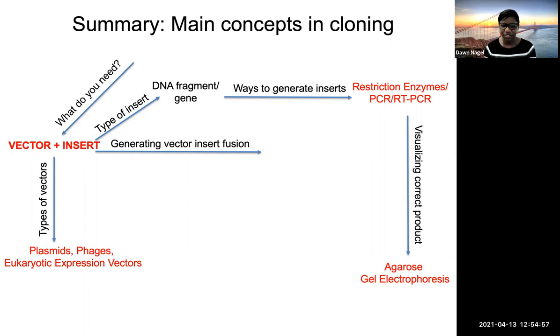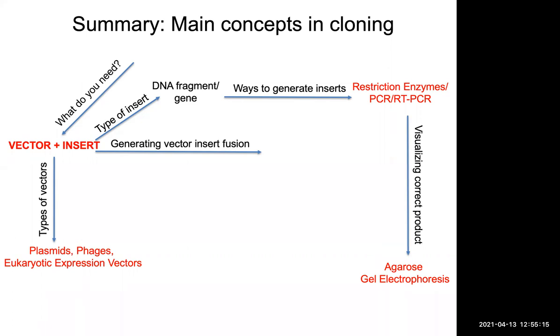You have your insert from your PCR, which looks good because you ran the gel, and you've chosen a plasmid as your vector. How would you generate that vector insert fusion? By cloning.